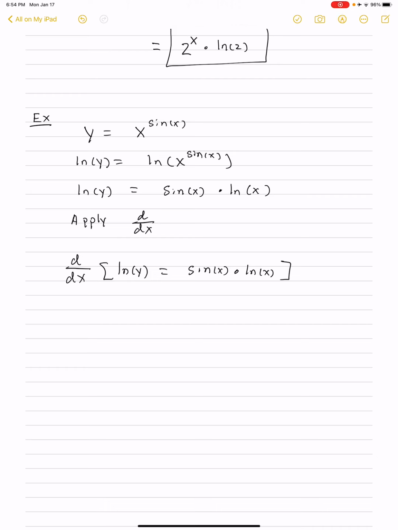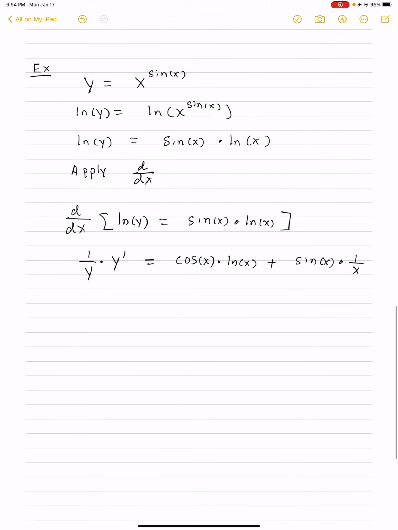Just as before, I differentiate ln of y, I get 1 over y times the derivative of the inside, that's y prime. On the right-hand side, I need to do the product rule. So product rule will say differentiate sine, that'll give me cosine, leave ln of x alone. For the next term, I leave sine of x alone, and I multiply by the derivative of ln, that's 1 over x.